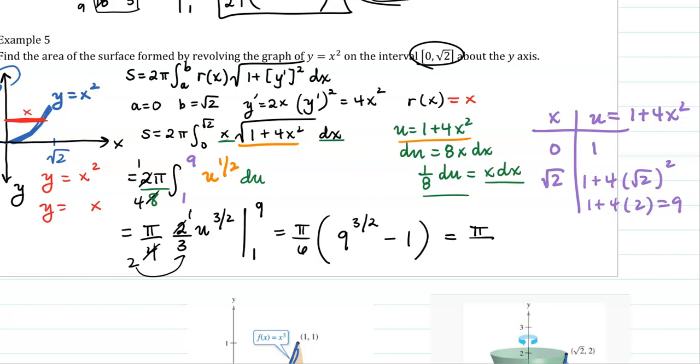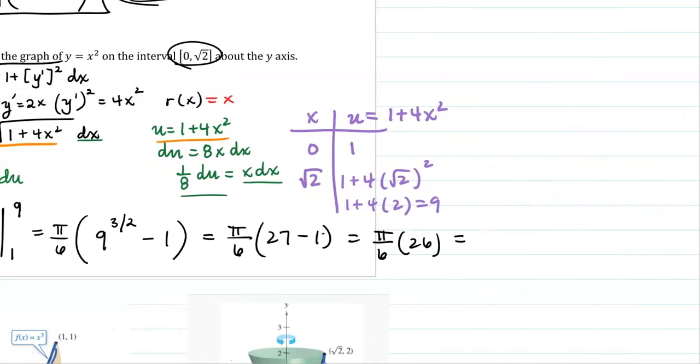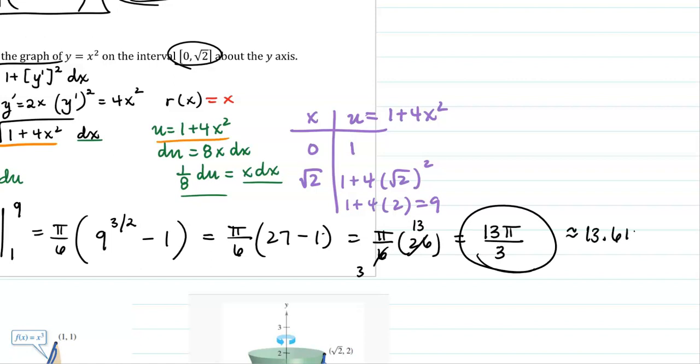So we have pi over 6 times 27 minus 1, which is pi over 6 times 26. And then I'll simplify to leave me with 13 pi over 3, because 2 goes into both of these. That's our exact answer, and our approximation to 3 decimal places would be 13.614.